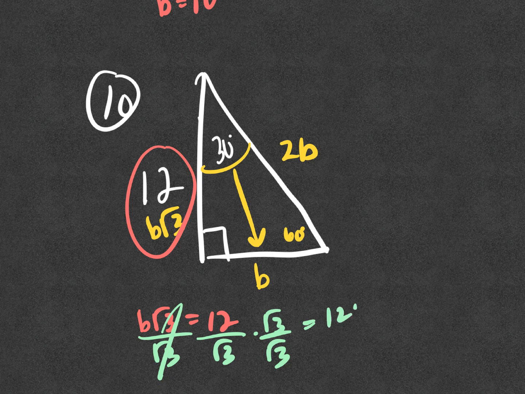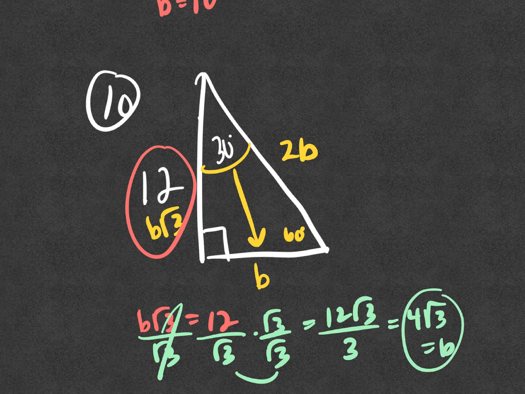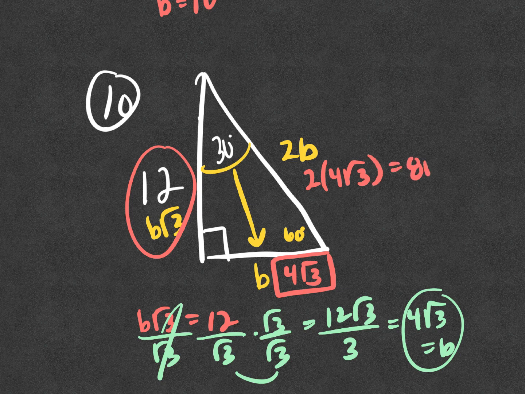We get 12 root 3 over, these become just 3. And then we can simplify the 12 over 3 to 4 root 3. Okay, so that's my b value. And I'm going to substitute that back in. So here I get b, so the short leg is just whatever b is, so that's 4 root 3. And then the hypotenuse is 2 times the b value. Okay, so that's 8 root 3.